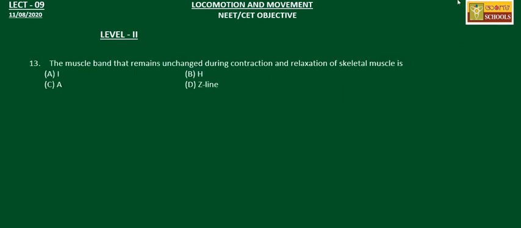So the next question, the muscle band that remains unchanged during contraction and relaxation of muscle. So let's see here, the actin filaments, and we know in between them are the myosin filaments. So we have here the myosin filaments.